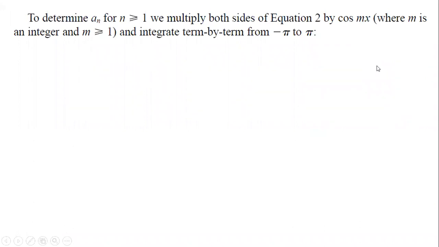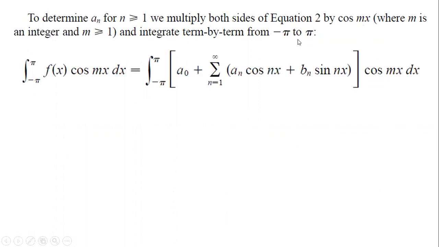Now to determine yung next coefficient or constant a sub n, for n greater than or equal to 1, this time we multiply both sides of equation 2, okay, by cosine mx, where m here is an integer, and again, m should be greater than or equal to 1, no? And integrate term by term from negative pi to pi. So we can generate this equation, okay?